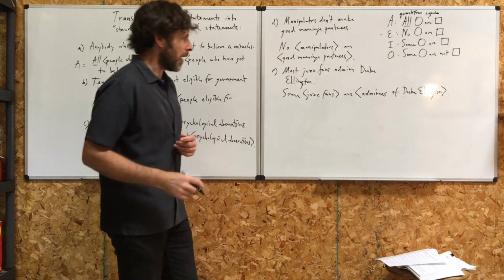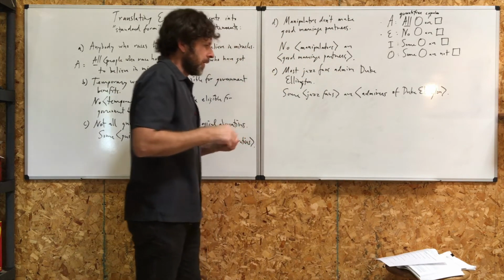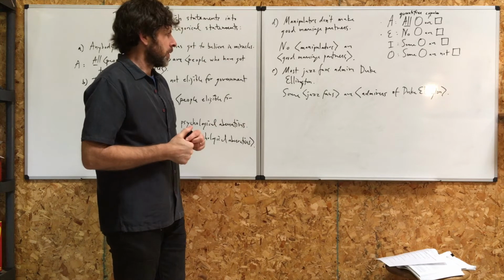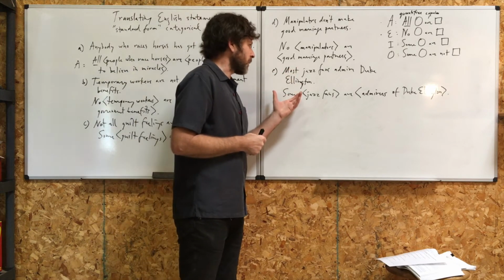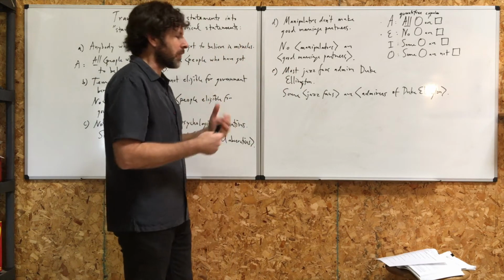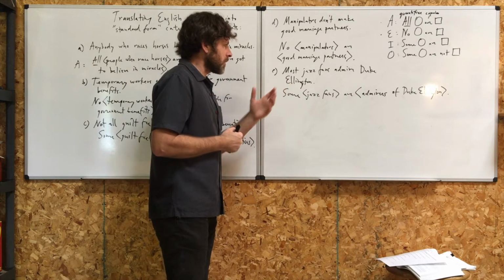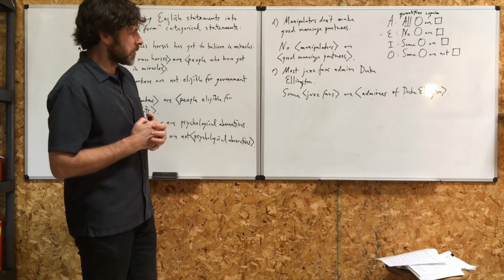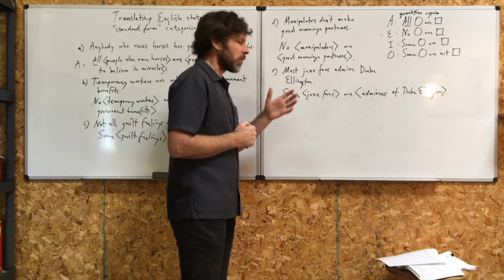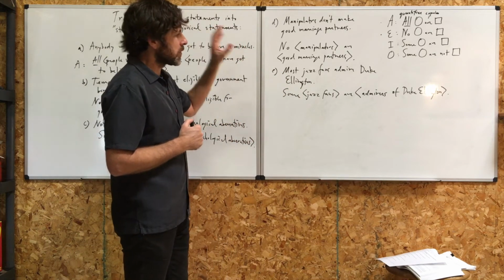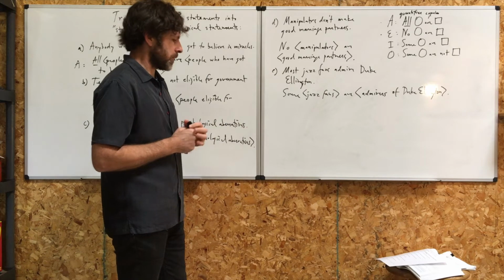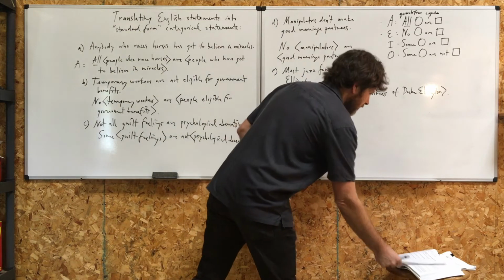I know it doesn't quite capture the meaning as you would express it in everyday life, talking to other people. But in terms of our goals, in terms of evaluating categorical arguments, this works. Okay, let's get to F.